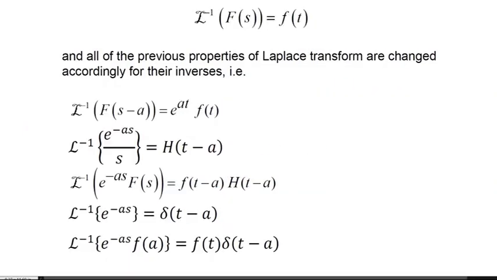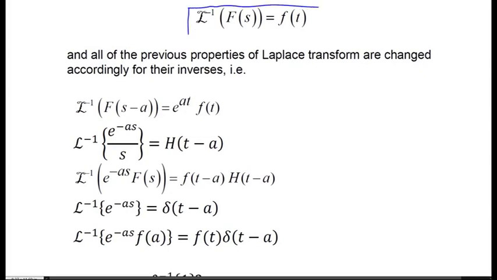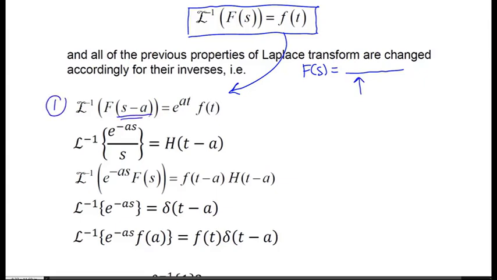Okay, let us continue. When you find the Laplace inverse of F(s) to get f(t), you can see that the Laplace transform will change accordingly to its inverse. For example, given F(s) equal to something, you refer to this F(s). Whether it is 1 over s minus a or not, the answer for the Laplace inverse is this one. If F(s) is like this, your answer should be the Heaviside function of t minus a.